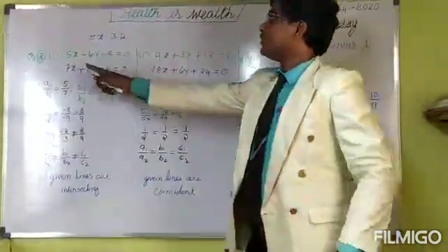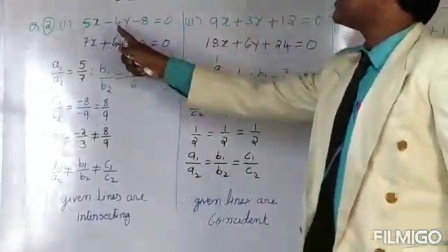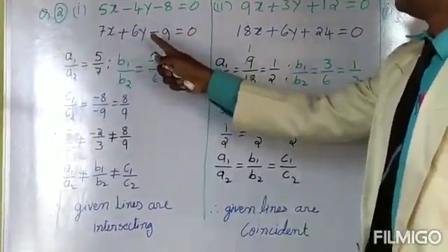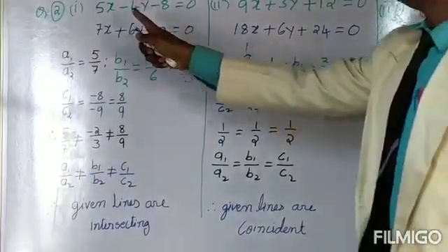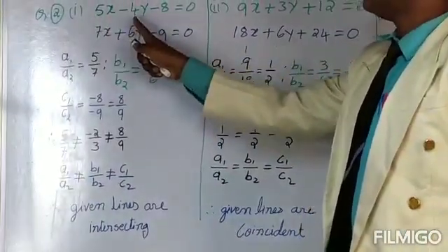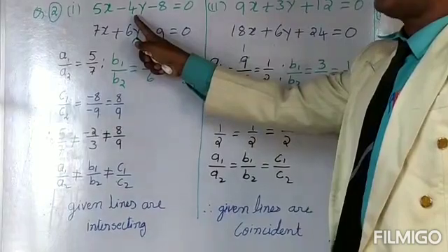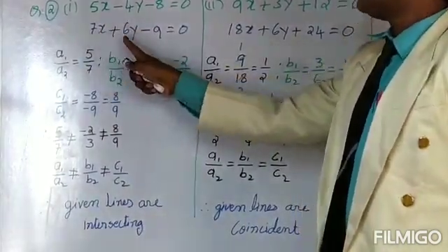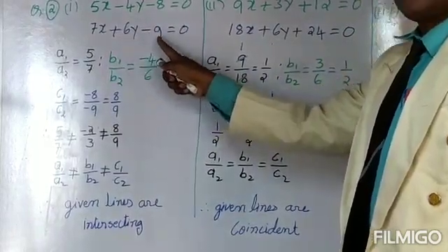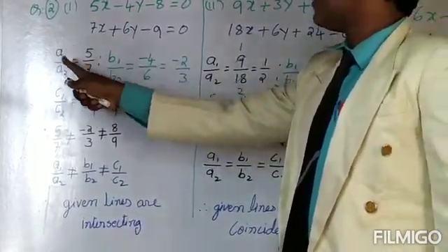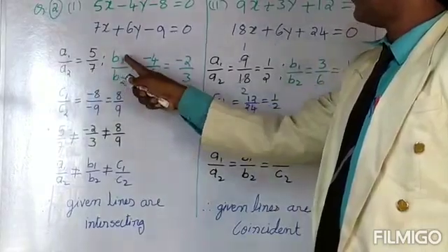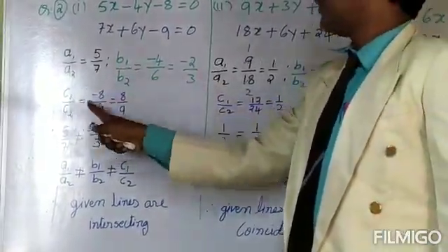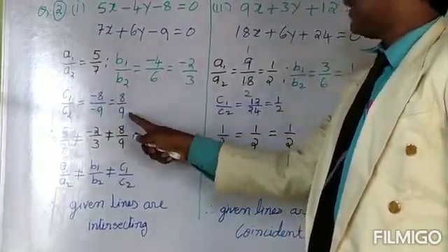See here, question number 1, first one is 5x minus 4y minus 8 equal to 0, 7x plus 6y minus 9 equal to 0. Here a1 equal to 5, b1 equal to minus 4, c1 equal to minus 8, a2 equal to 7, b2 equal to 6, c2 equal to minus 9. By substituting here, a1 upon a2 equal to 5 by 7, b1 upon b2 equal to minus 2 by 3, c1 upon c2 equal to minus 8 upon 9.